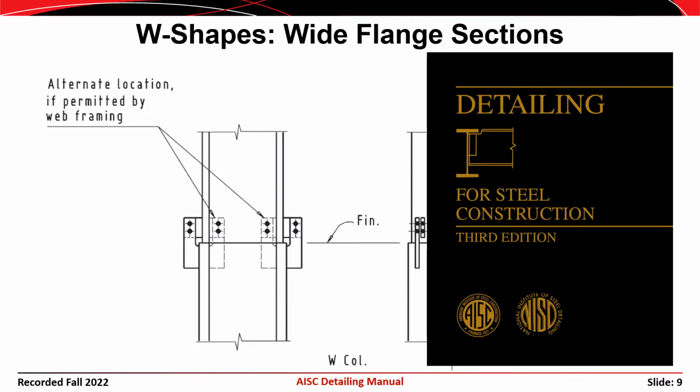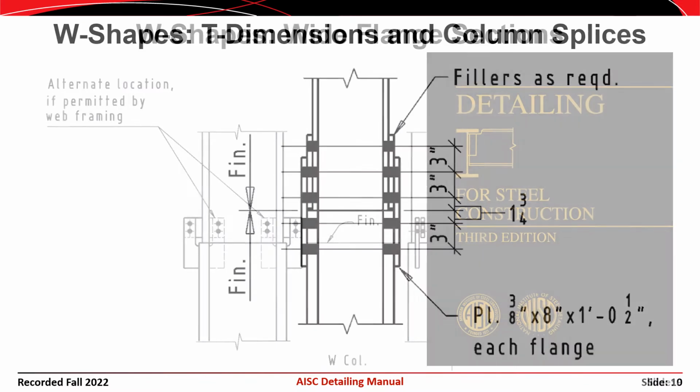A lot of good stuff in there. It's not nearly as expensive as the manual of steel construction. The detailing manual, I think, is probably around $50, and you could probably find a PDF copy online if you looked.